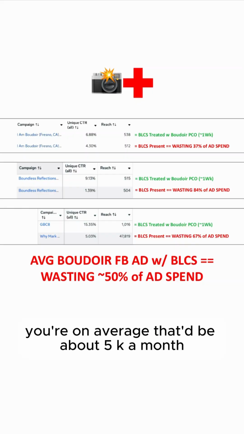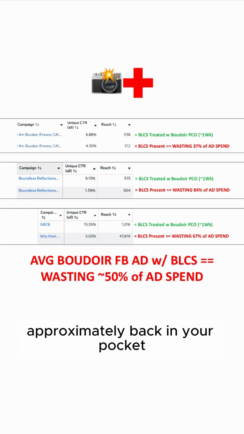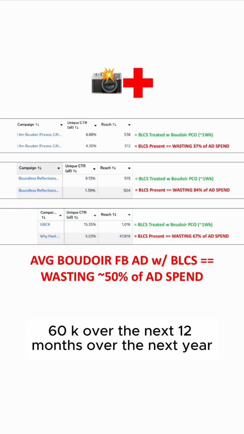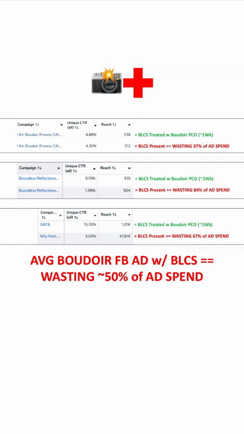On average, that'd be about 5K a month, approximately, back in your pocket. Treat with Boudoir Pico, and approximately 60K over the next 12 months, over the next year.